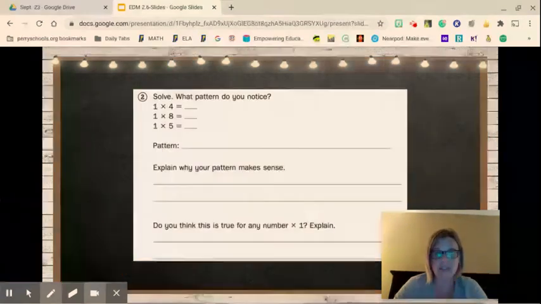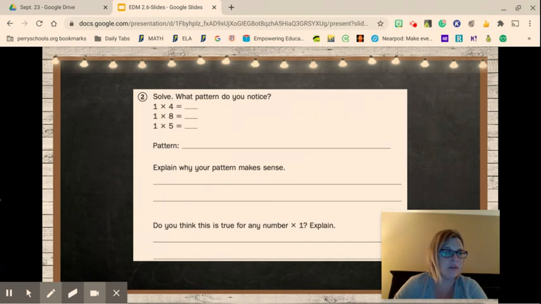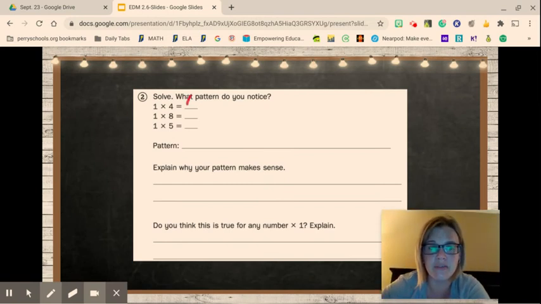So solving this is in your book. I'm not sure what page it is, but it is in your book. Look for 2.6 at the top of the page. This is actually number 2. So we're going to solve and look at what pattern we see. 1 times 4 is 4. 1 times 8 is 8. 1 times 5 is 5.